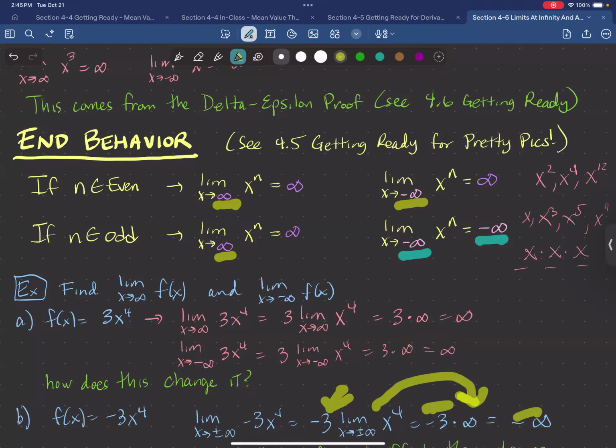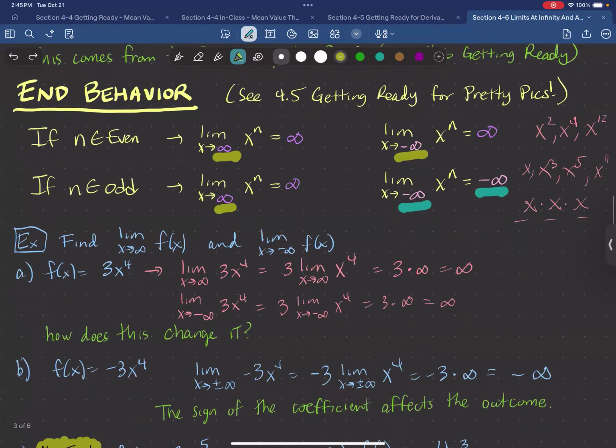It's going to negative infinity now. So the coefficient affects the outcome, or the sign of the coefficient, really, not so much the value, unless it's 0. 0 will mess everything up, but then you wouldn't even be talking about it if it's 0. So the sign of the coefficient will affect the outcome.